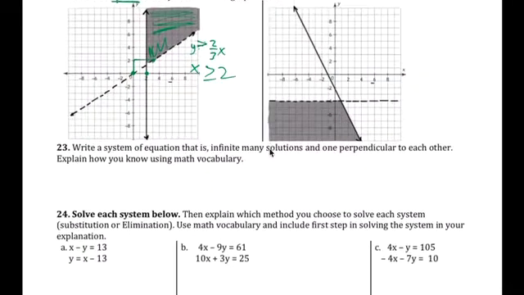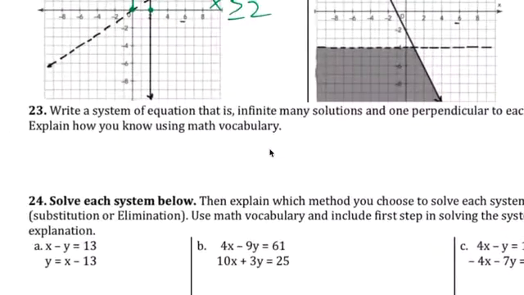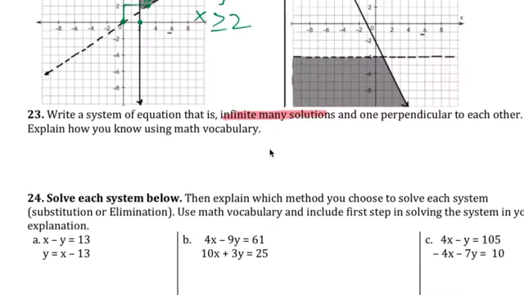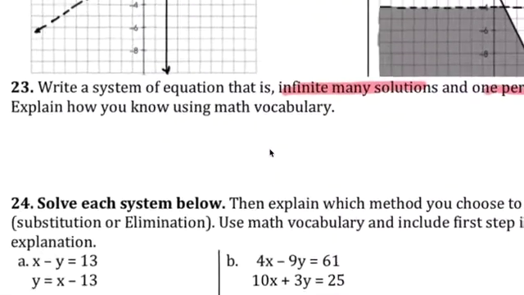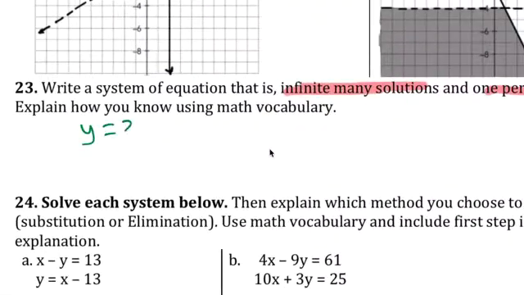Now write a system of equations that has infinite solutions, many solutions, and one that is perpendicular to each other. Oh, okay. Infinite solution, everything's the same. y equals 2x plus 3, y equals 2x plus 3. Or let's say we just multiply it by 2. 4x and 6. Okay? Same thing. Graph it, it'll be the same line.